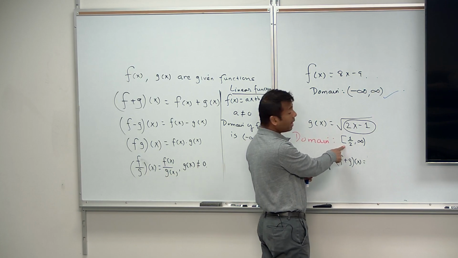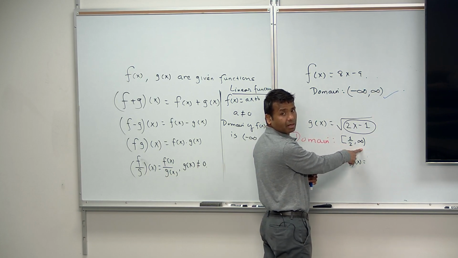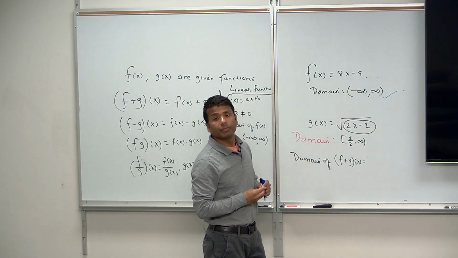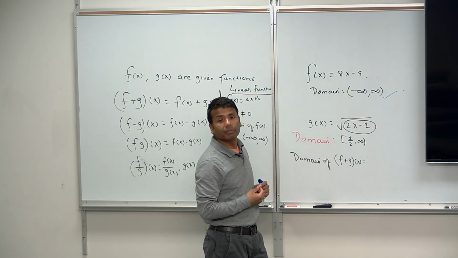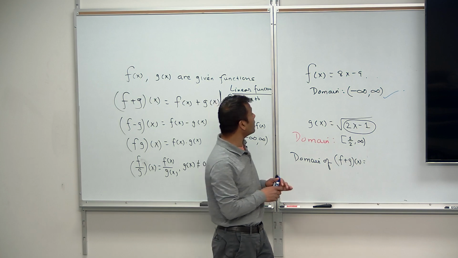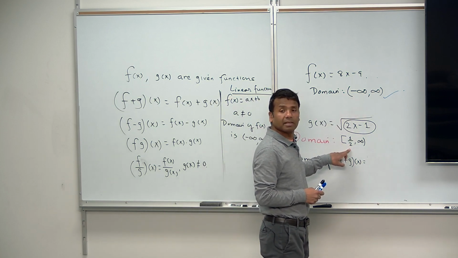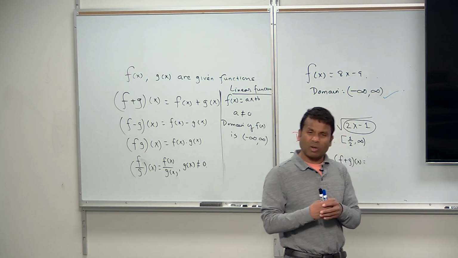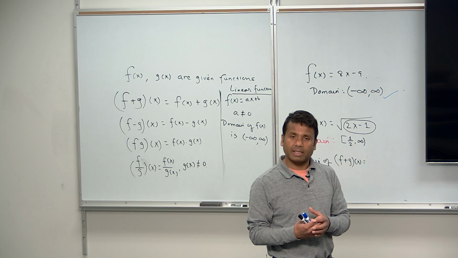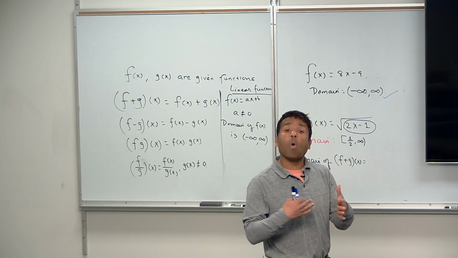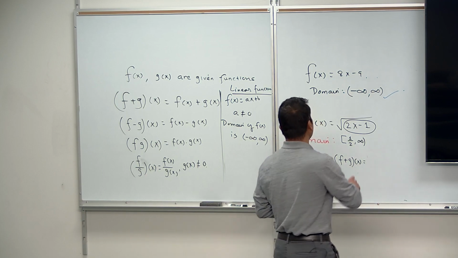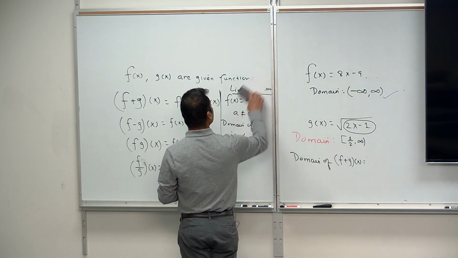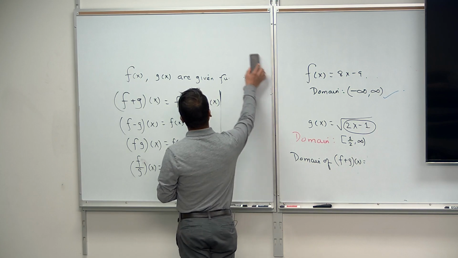Bracket 1/2 comma positive infinity. Is that right? So what is the intersection of this and this? You know the intersection means, right? The overlapping set of these two. So what's that?